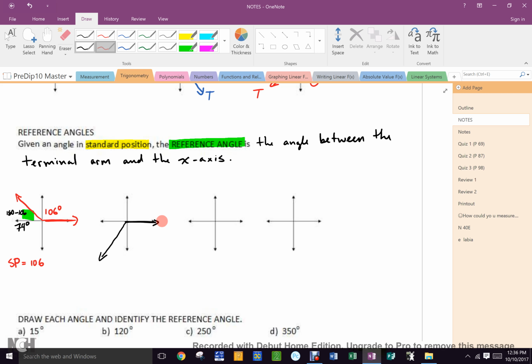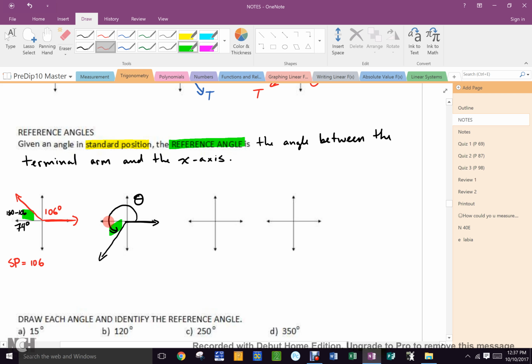Where do I start counting from? From the x-axis. Start counting there and then you go around. So there is theta. Where is the reference angle? On the other little bit, beneath it. Right here, because it's between the terminal arm and the x-axis.